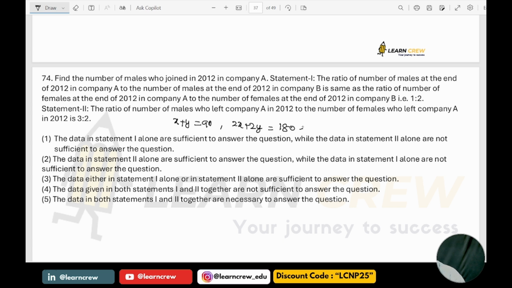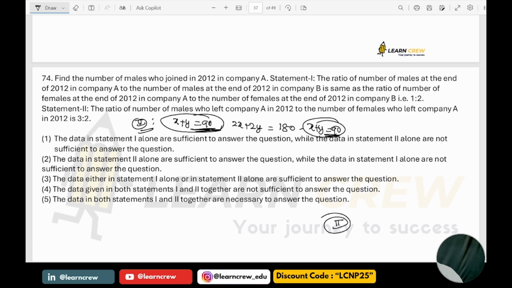So here also you can say from this x plus y is equal to 90. So when I take the first statement, I am getting the same equation, so I cannot solve. So go to the second statement.